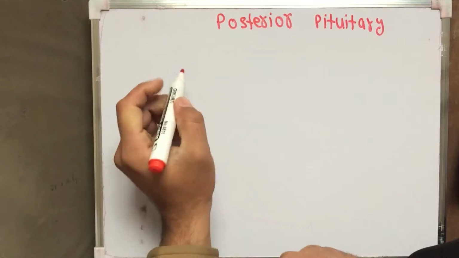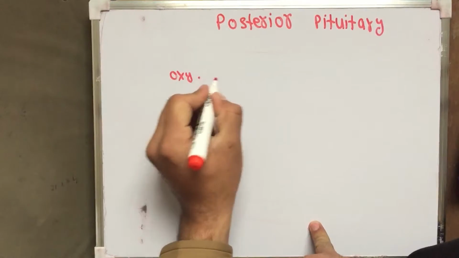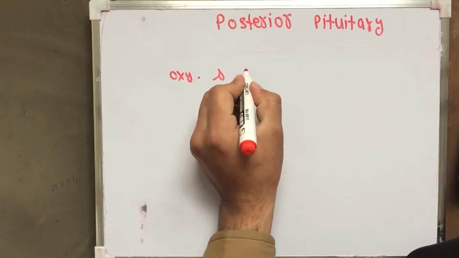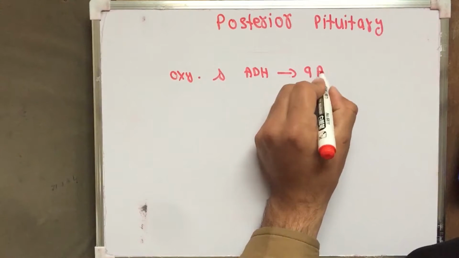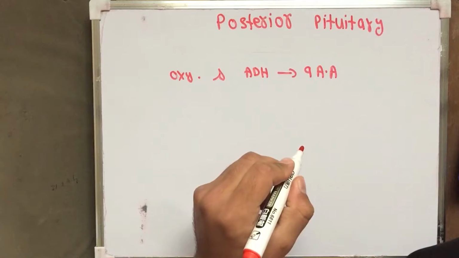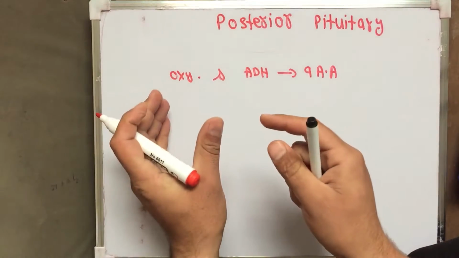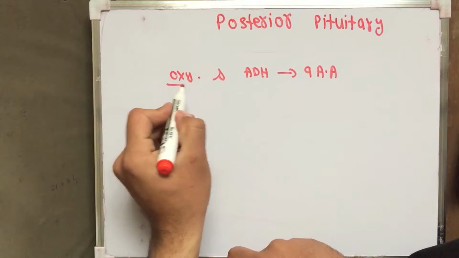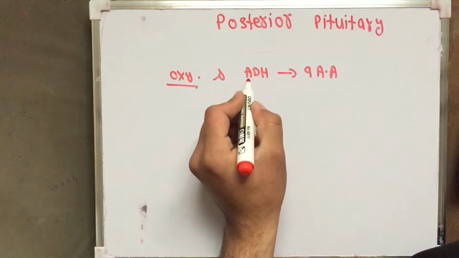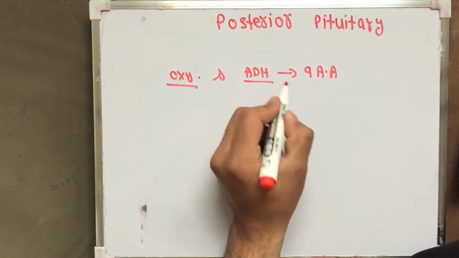Oxytocin has how many amino acids? 9. Antidiuretic hormone has how many amino acids? 9.